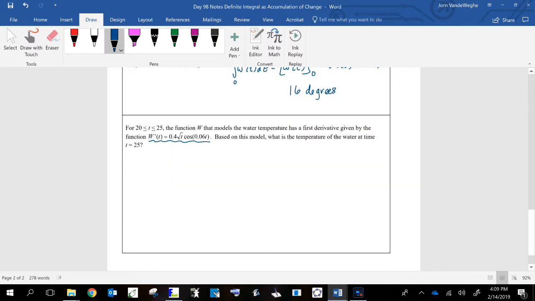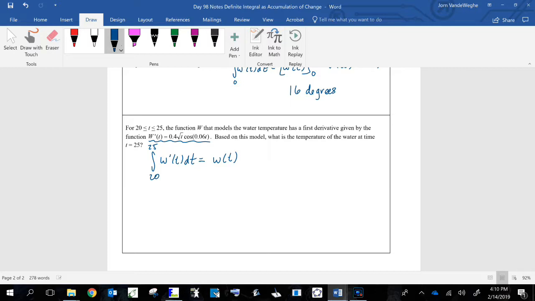So just like the previous problem, we're going to set up an integral from 20 to 25 of w prime of t dt. We're going to let the calculator, math 9 is FNINT, figure out what this is. And I know that this answer is some number that my calculator will tell me, but I know the integral of w prime of t dt is w of t.